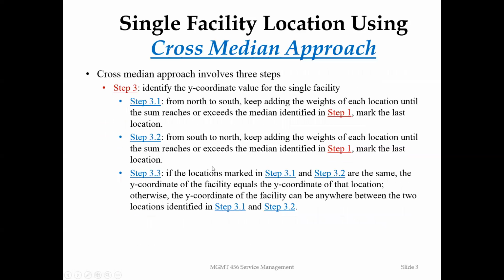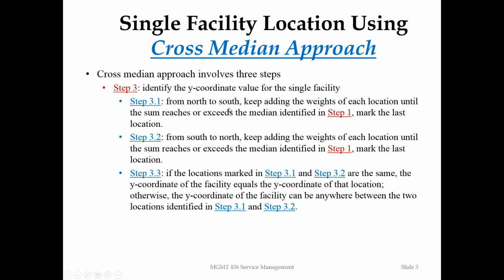So this is how to identify the x-coordinate value for a single location. Step 3 is about identifying the y-coordinate value for the single location. It's very similar, but we're going in different directions. To identify the y-coordinate value, we have to go in 2 different directions. First, we go from north to south.